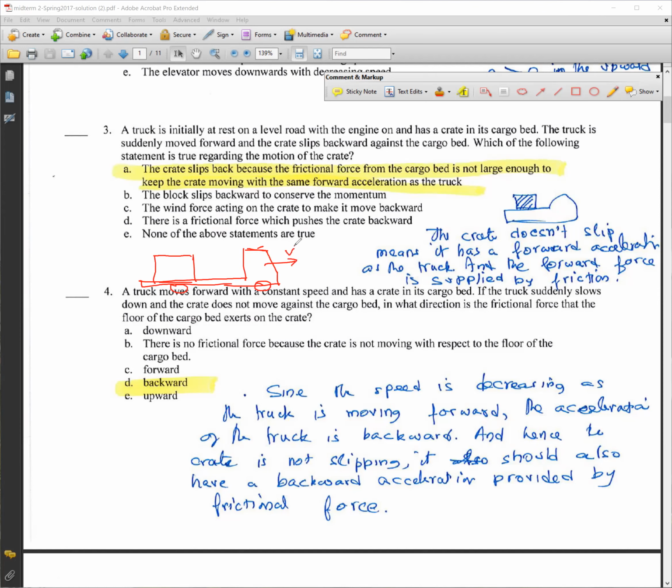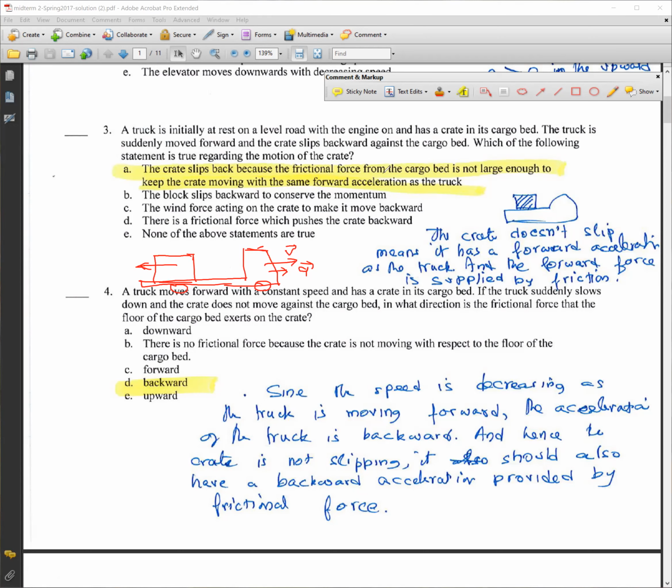So that means velocity is to the right, and for it to start from 0 velocity to a certain velocity, we must have applied an acceleration to increase the velocity. Now here the crate will have the tendency, according to inertia, to move backward. So the crate will want to move backward because it wants to remain stationary at rest, according to its initial state.